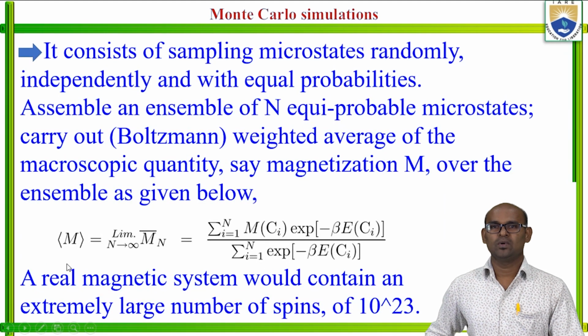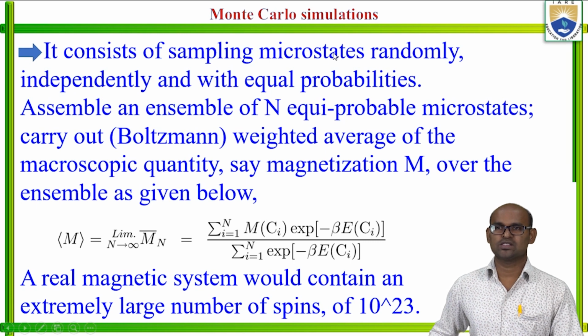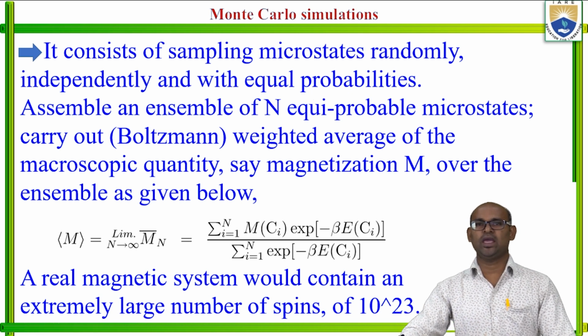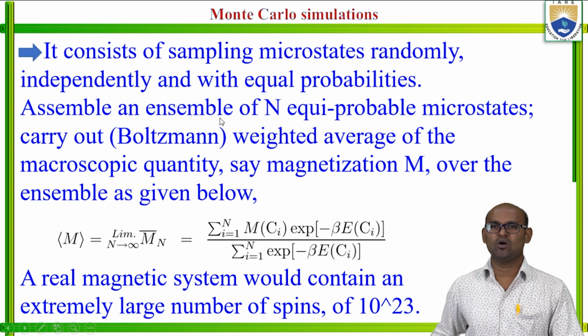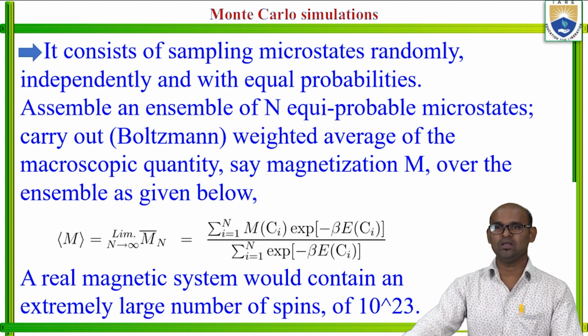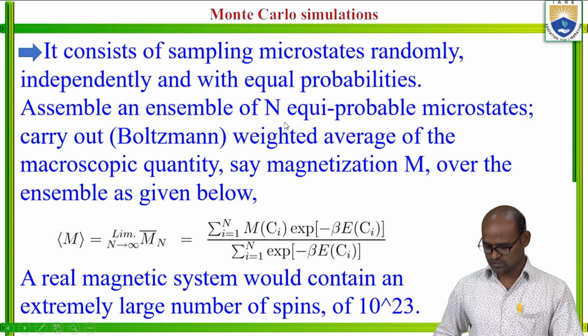This analog Monte Carlo technique consists of sampling microstates randomly and independently with equal probabilities. All the microstates are going to be sampled with equal probability, and we are going to assemble them into an ensemble of n equally probable microstates, and carry out a weighted average with the Boltzmann weights, which I discussed here.